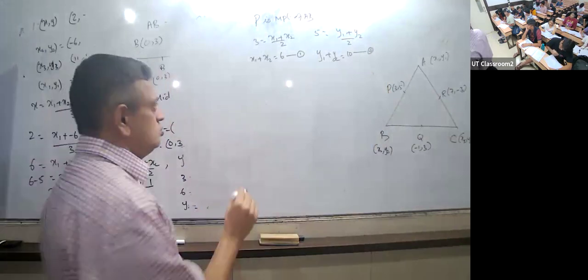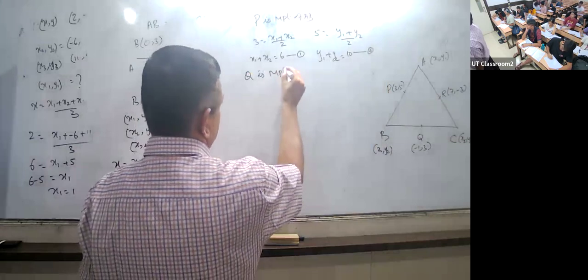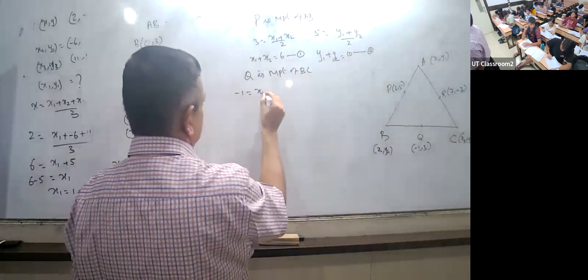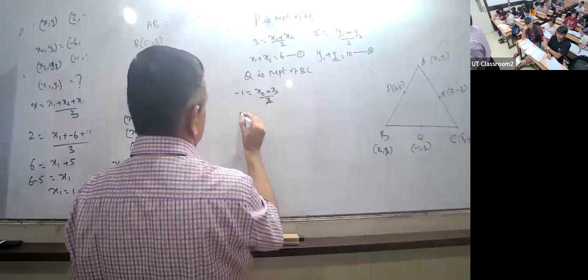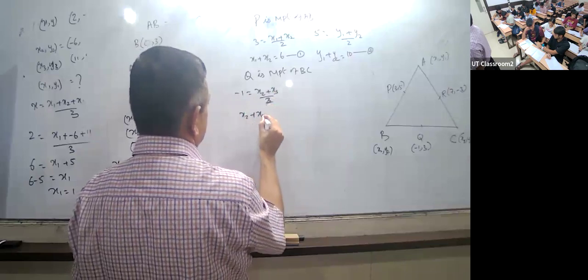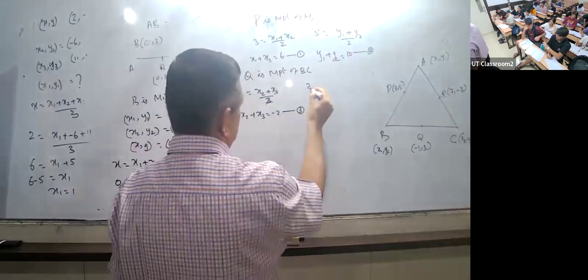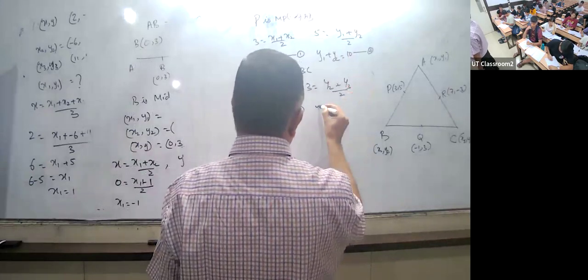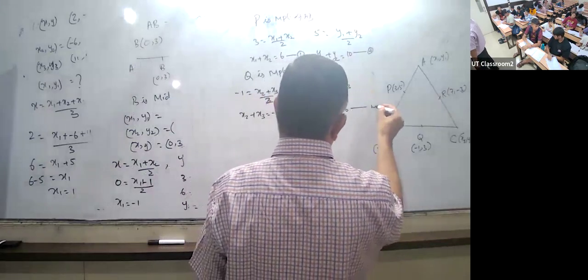Then Q is the midpoint of BC. Minus 1 is equal to (x2 plus x3) by 2, sorry, not by 3, by 2. x2 plus x3 is equal to -2, equation 3. 3 is equal to (y2 plus y3) by 2, so y2 plus y3 is equal to 6, equation 4.